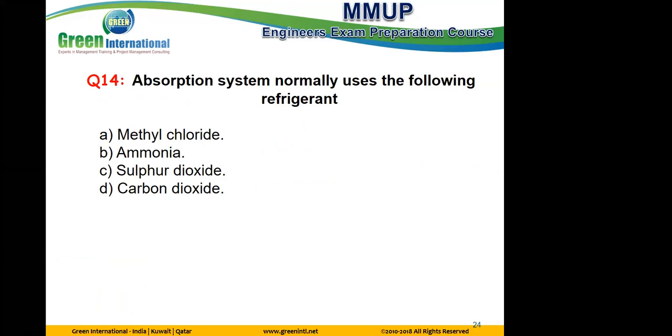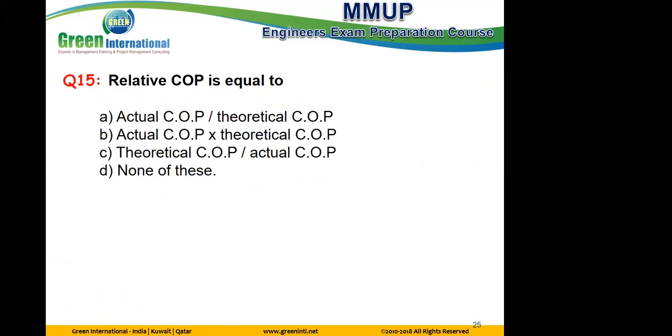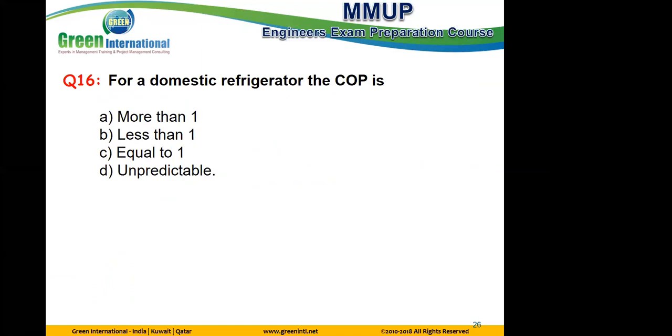Absorption system normally uses the following refrigerant: ammonia. Yes. Relative COP is equal to A, theoretical COP. Yes. For domestic refrigerators, the COP is more than one.